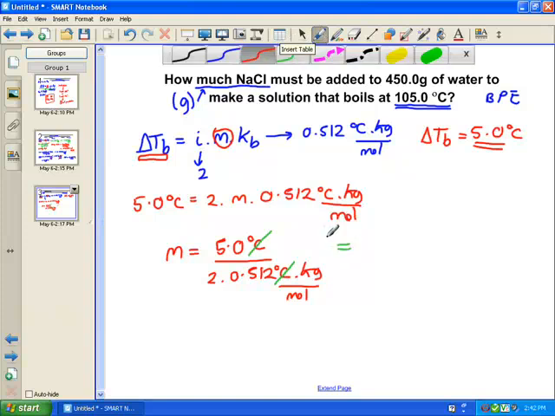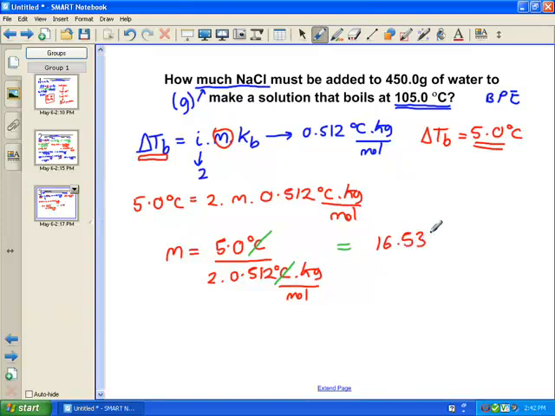And when we calculate all that out, what we end up with is a molality of 16.534 moles per kilogram. Now that's moles of NaCl per kilogram of H2O.